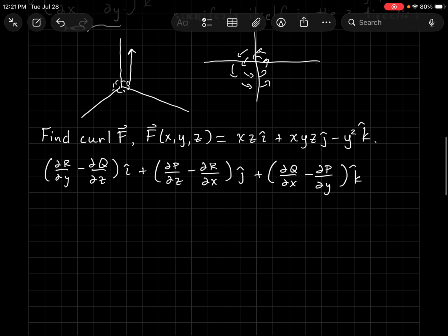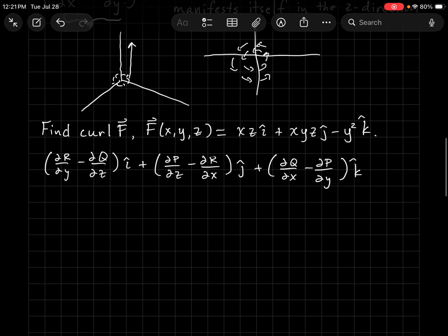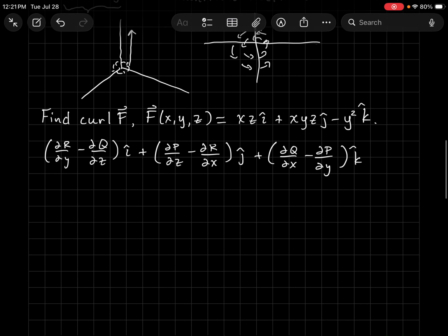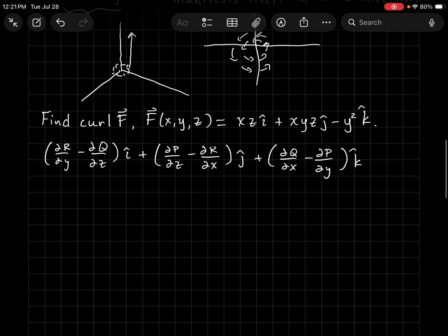So let's do an example. Let's find the curl of F. I wrote the formula down here for us so we don't have to go back and look. But F of x, y, z equals xz i plus xyz j minus y squared k.